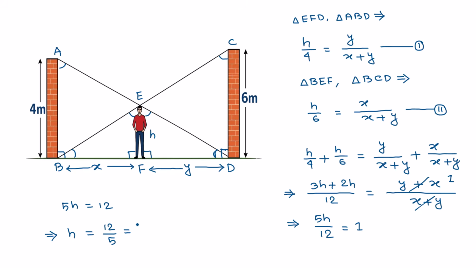Multiplying both by 2, 12 times 2 is 24, divided by 5 times 2 is 10, which is 24 divided by 10, this is 2.4. So the height of this man is 2.4 meters, and this is the solution of our given problem.